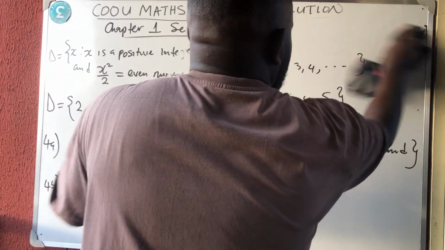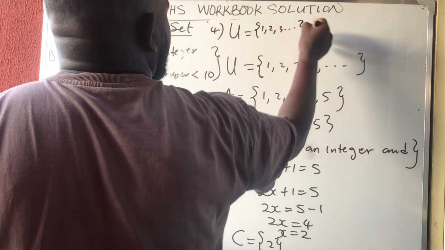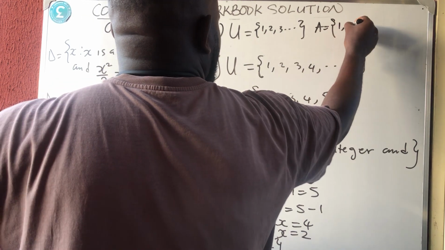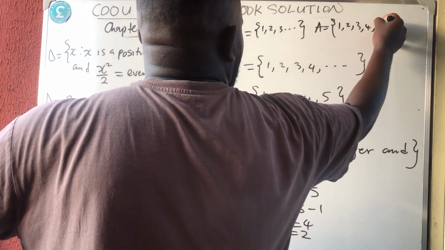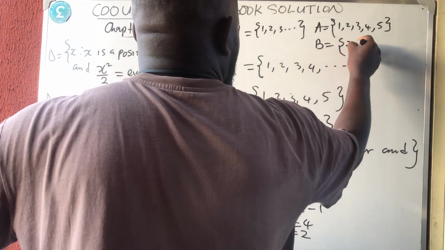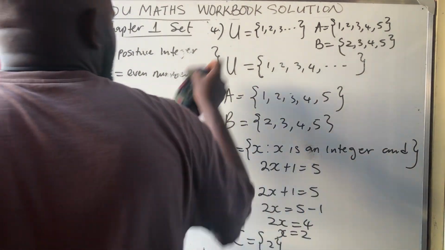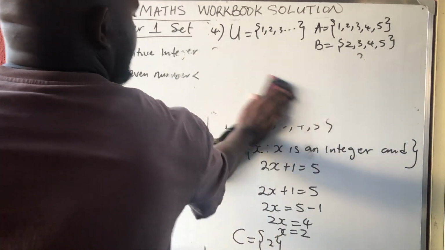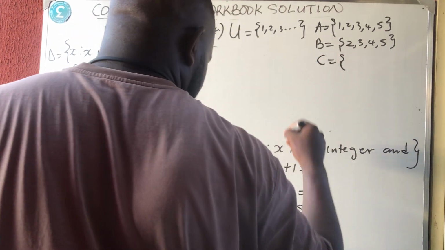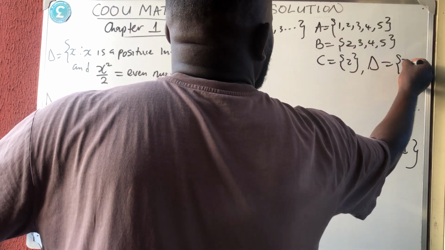My universal set is equal to the set of 1, 2, 3, and so on. My set A is equal to the set of 1, 2, 3, 4, and 5. My set B is equal to the set of 2, 3, 4, and 5. And my set C is equal to the set of just 2, while my set D is equal to 2 and 4.